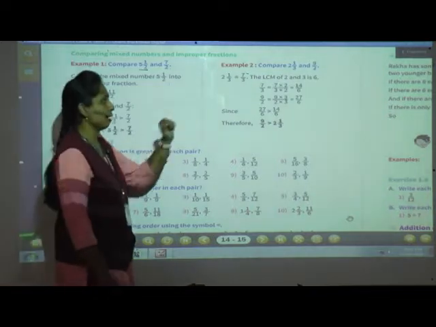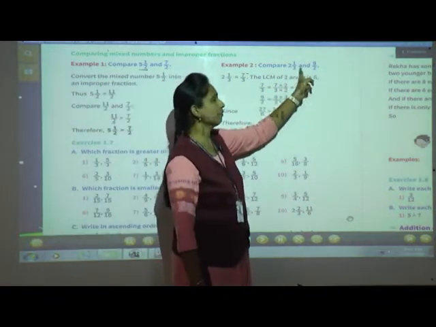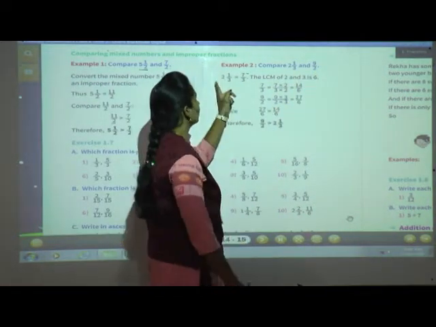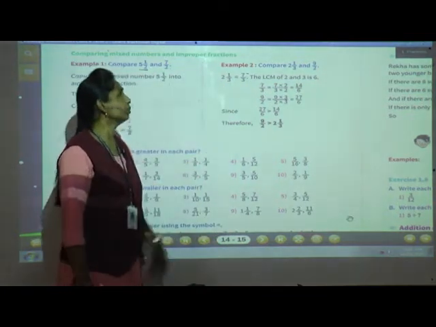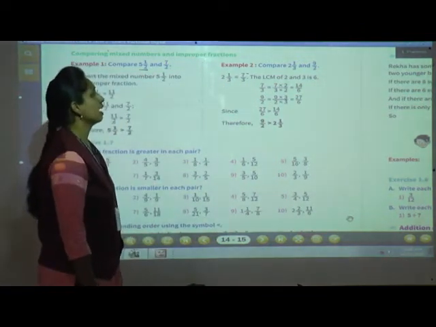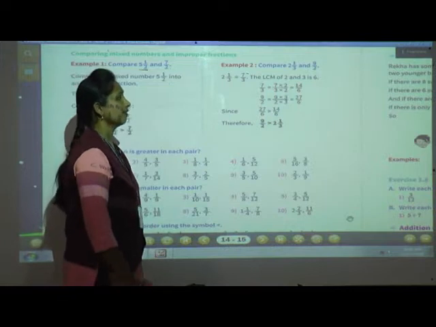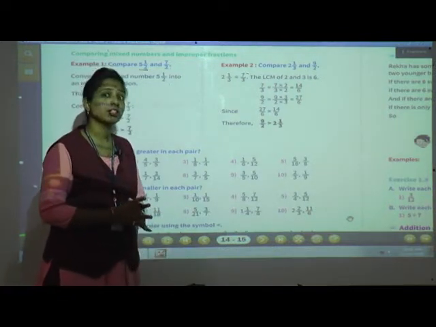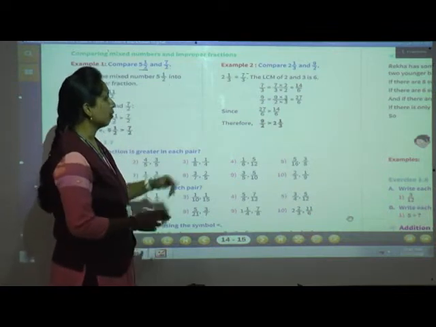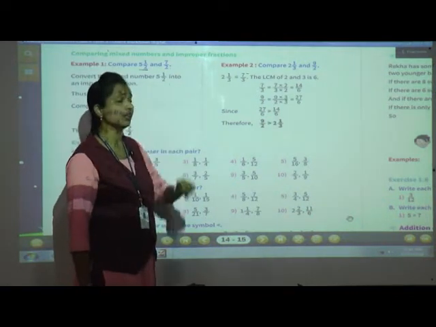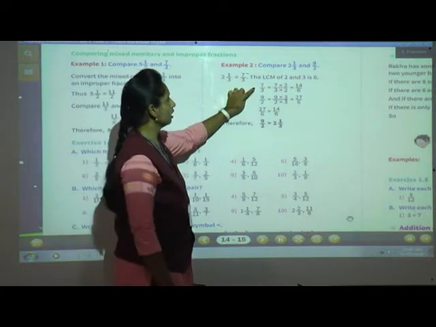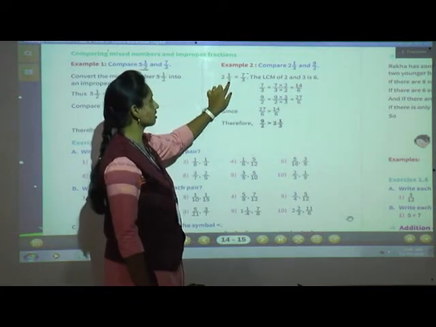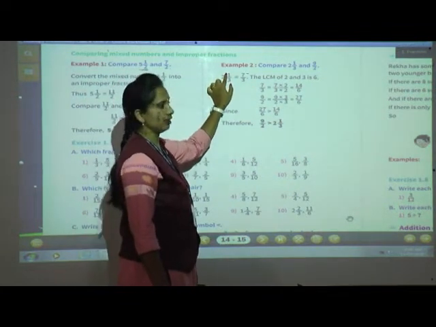Now one more example. Now compare 2 1 upon 3 and 9 upon 2. Now see, 2 1 upon 3 is equal to 7 upon 3. So here 2 3s are 6, 6 plus 1 is 7, isn't it?